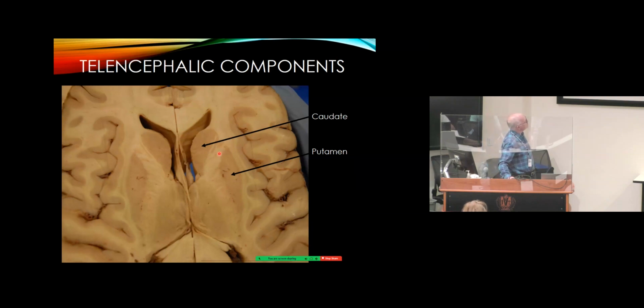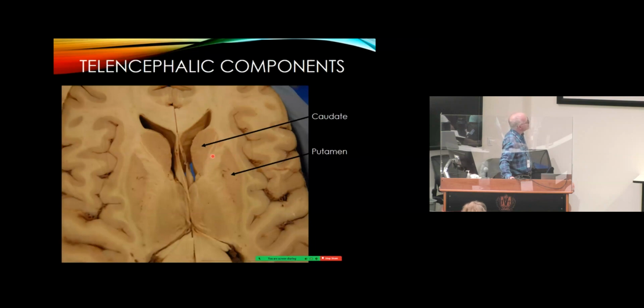So medial to the anterior limb, which is right here, is the caudate nucleus. The caudate is always very distinctive, not just because it's medial to the anterior limb of the internal capsule, but also because it's a nucleus that bulges into this space right here, which is the lateral ventricle of the brain. That's our lecture on Thursday. So this is the caudate nucleus.